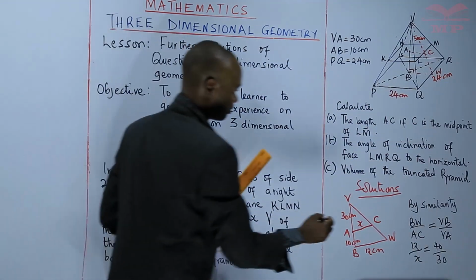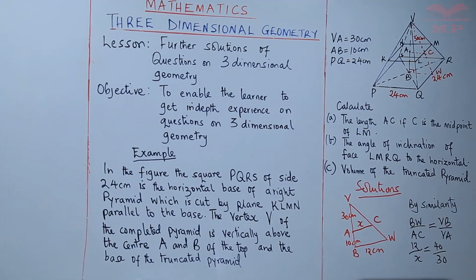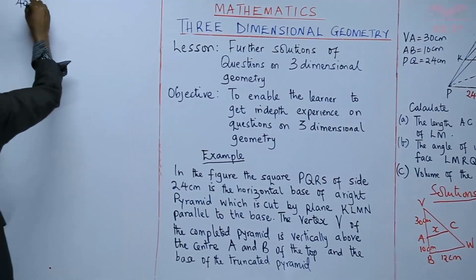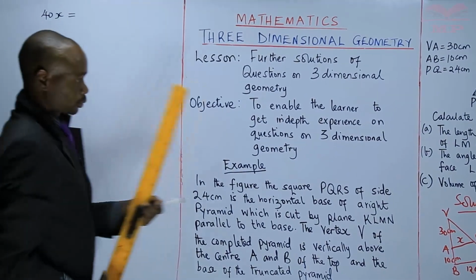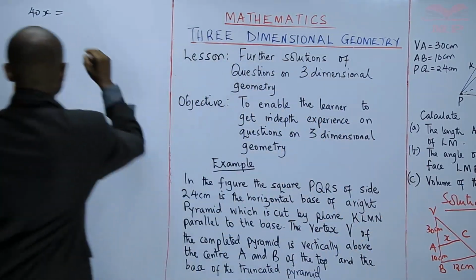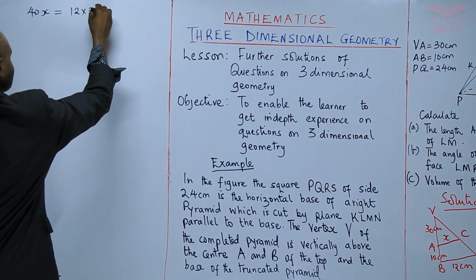So I'll move to this other side. Cross multiply. By cross multiplication, you'll get 12 times 30 equals 40x. So 40 times x is equal to 12 times 30.